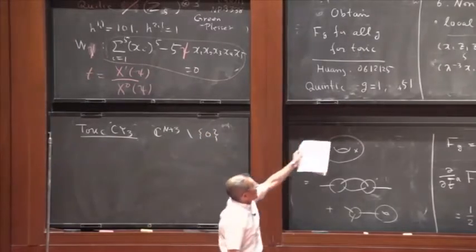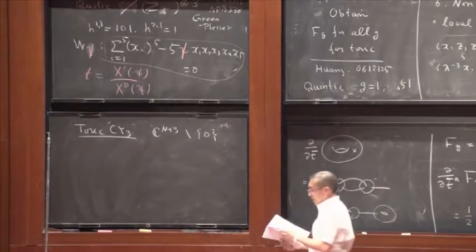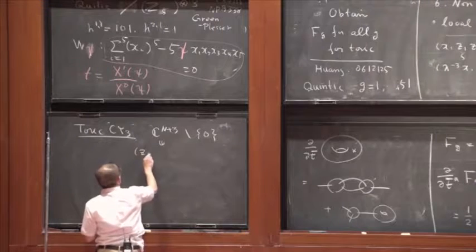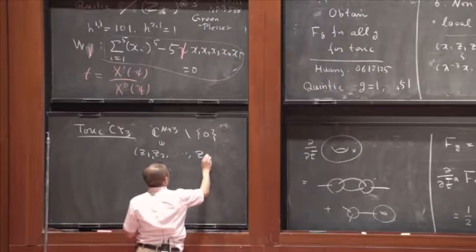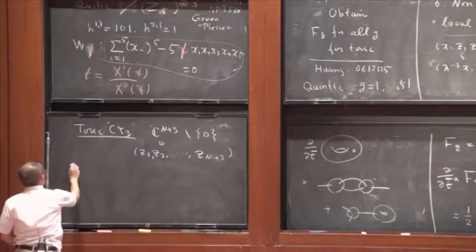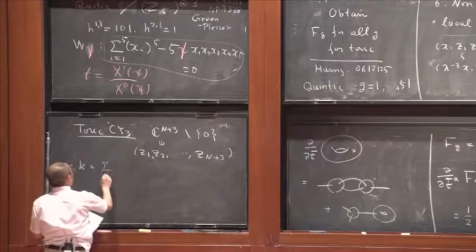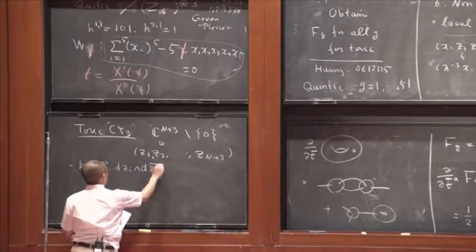So for example, in these two examples, capital N would be 1. Okay, so you have N+3 complex coordinates. And then you consider a natural Kahler form for this flat space, which is given by dz_i wedge dz_i bar.